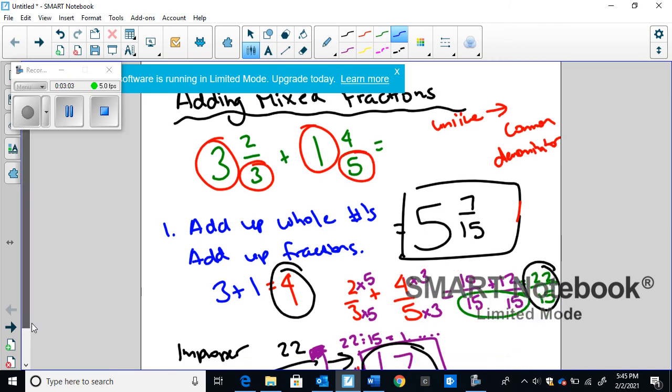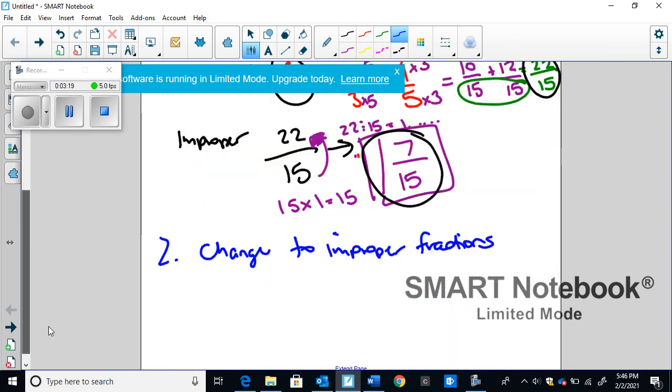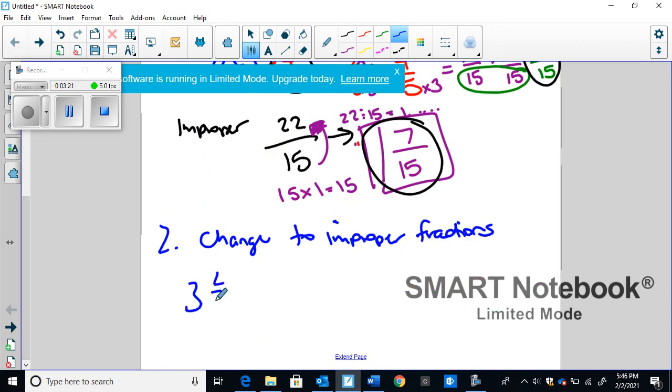Now, the second method is probably the method that's going to be more similar to subtraction, is we have to change both to improper fractions. All right, so we've got 3 2/3 and we have 1 4/5.